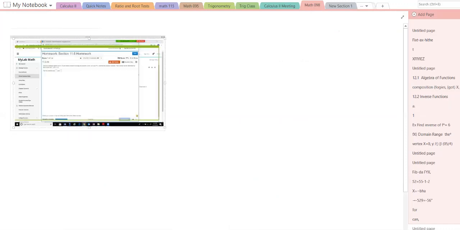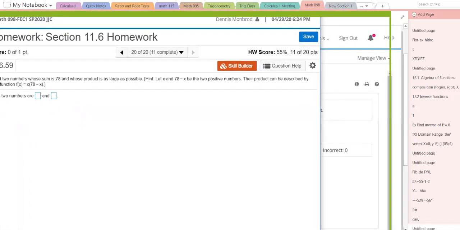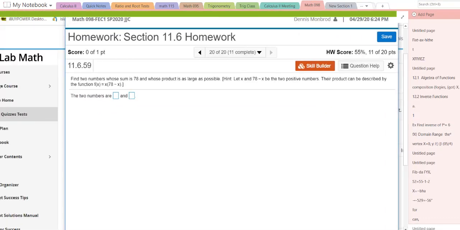Two numbers, sum is 78 and the product is as large as possible. They're going to give us a hint.